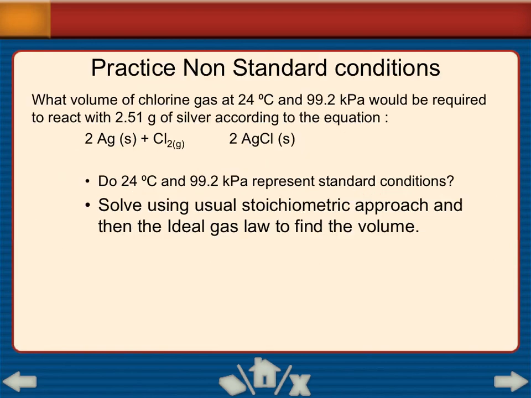Okay, let's take a look at one of these problems where we are operating under non-standard conditions, and we need to find out how much gas is going to be required for a reaction. So the question says, what volume of chlorine gas at 24 degrees C, 99.2 kilopascals would be required to react with 2.51 grams of silver according to the equation below.